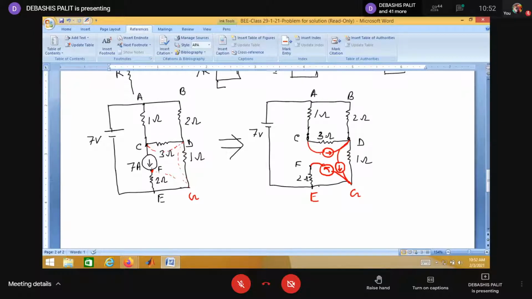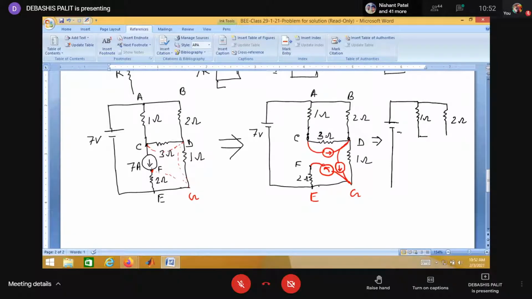So C to D, D to G, and G to F. So now I can get the voltage source there, with 1 ohm resistance and 2 ohm resistance.